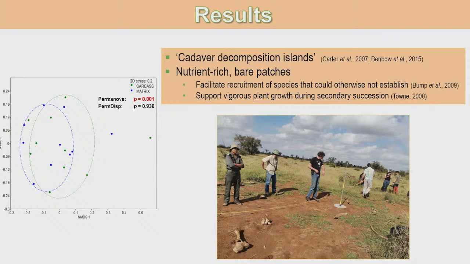And these increased nutrients at the carcass sites lead to the formation of cadaver decomposition islands, and they are these nutrient-rich bare patches which facilitate the recruitment of species that could otherwise not have established there, and they also support vigorous plant growth during secondary succession.